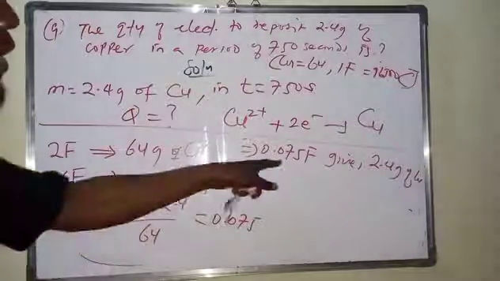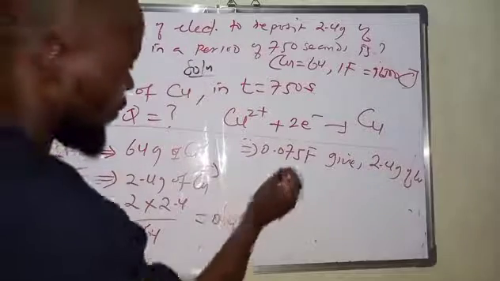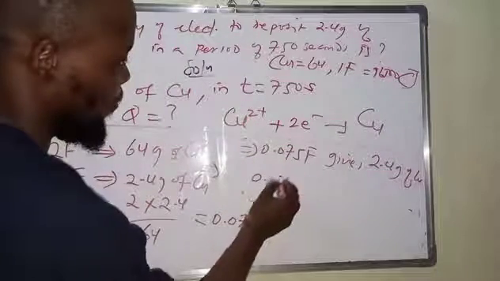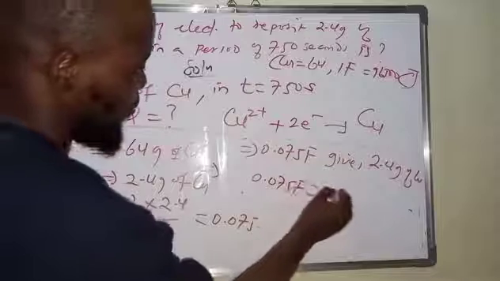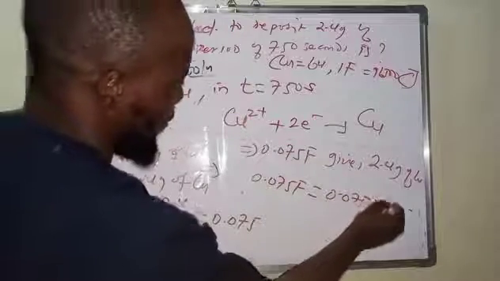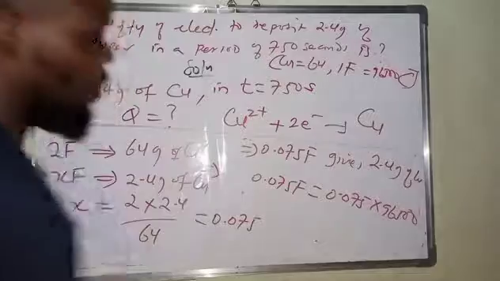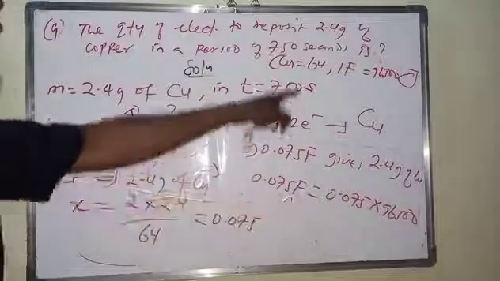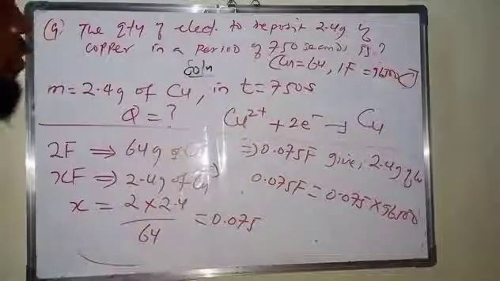So we convert this value to coulomb: 0.075 multiplied by 96500, because we know 1 Faraday is equal to 96500 coulomb.